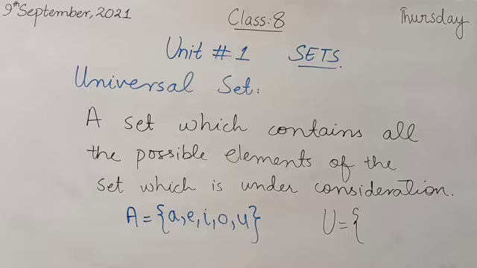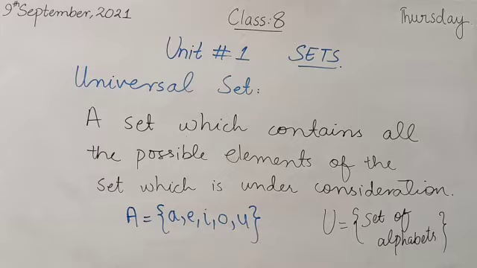Its universal set can be set of alphabets. Set of alphabets, because all the elements of set A are present in that set U. So set of alphabets is the universal set for the set of vowels.